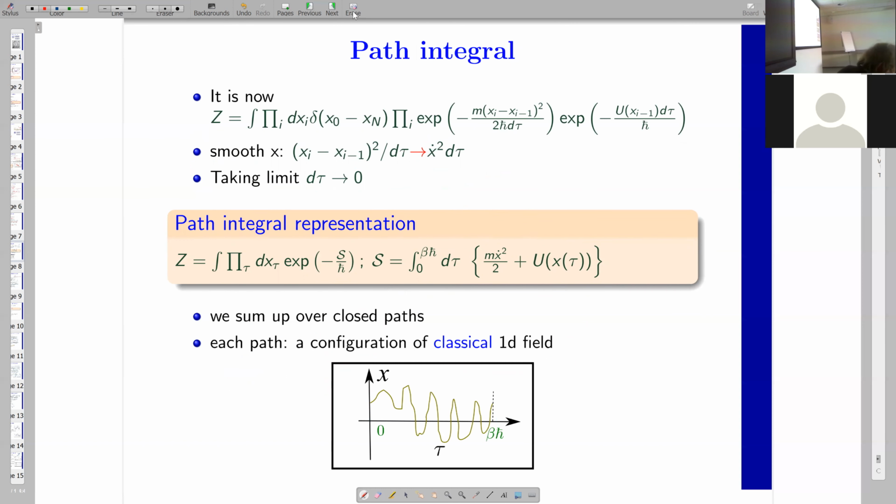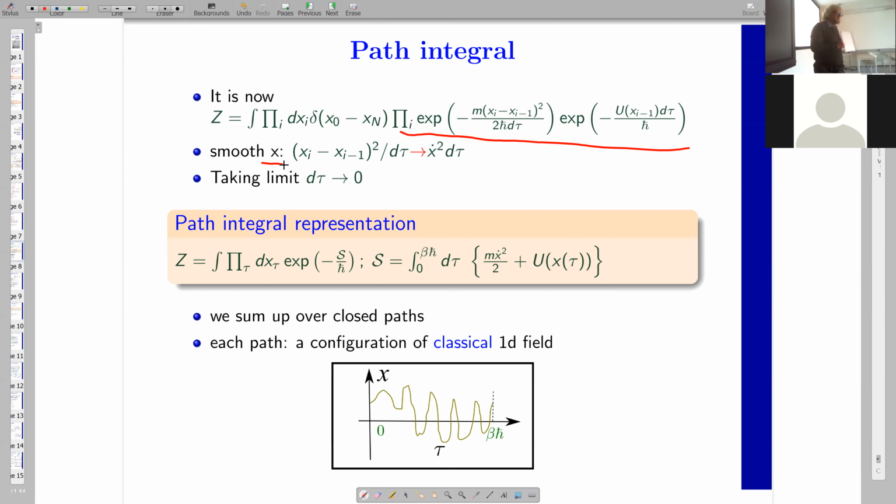Go to this model. It is still a little bit ugly because we have different variables, different nodes labeled by i. Let me impose an extra assumption. Let me suppose that this x is a smooth function of the node number.